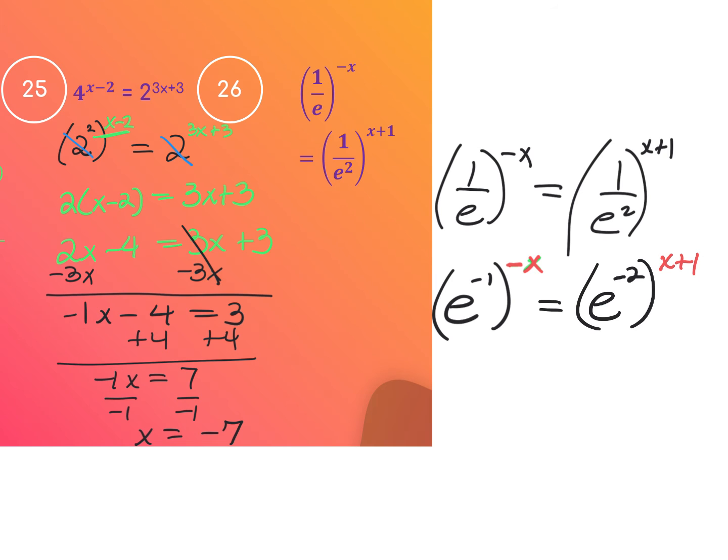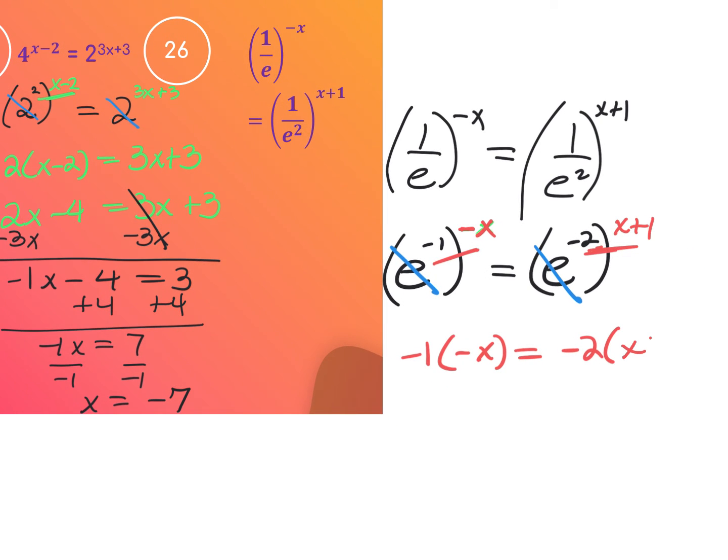So again, it has the same base. Get rid of the e, but multiply this power to the power. So it's negative 1 times negative x equals negative 2 times x plus 1. Negative 1 times negative x is positive x. Distribute the negative 2.